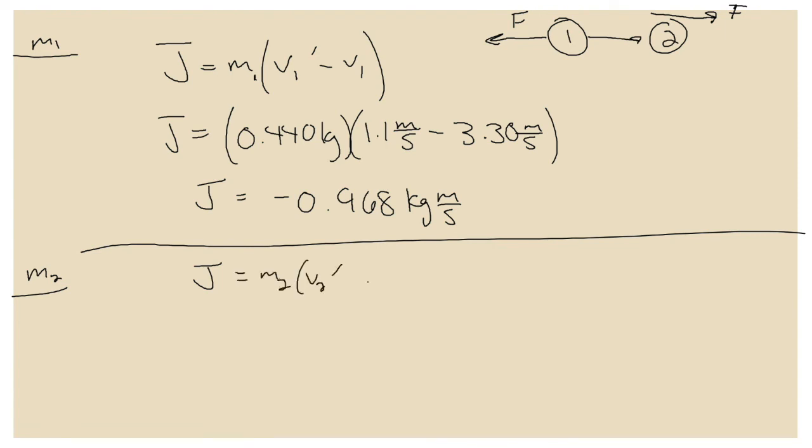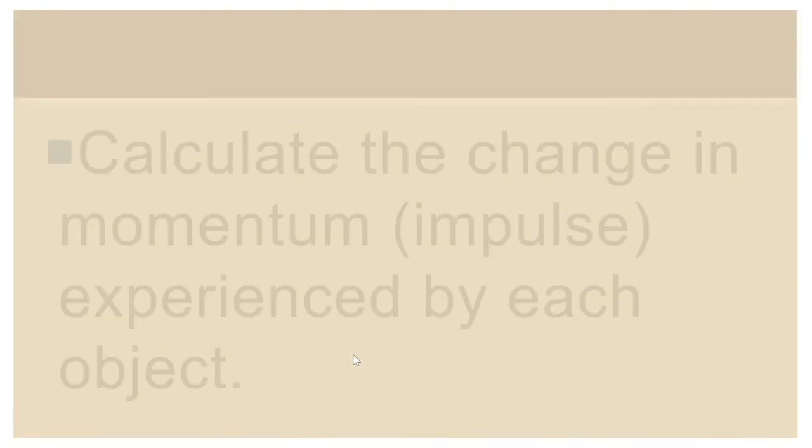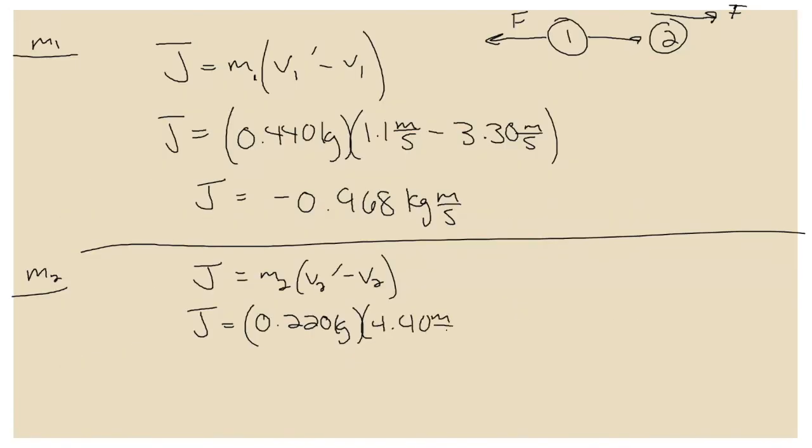And so we have here J equals M2 times V2 prime minus V2, M delta V, the change in momentum. And we had the mass here for object 2, which was 0.220 kilograms. And we're going to multiply that by V2 prime, which we calculated, remember, as 4.40 meters per second, minus V2, which, easy enough, was 0.